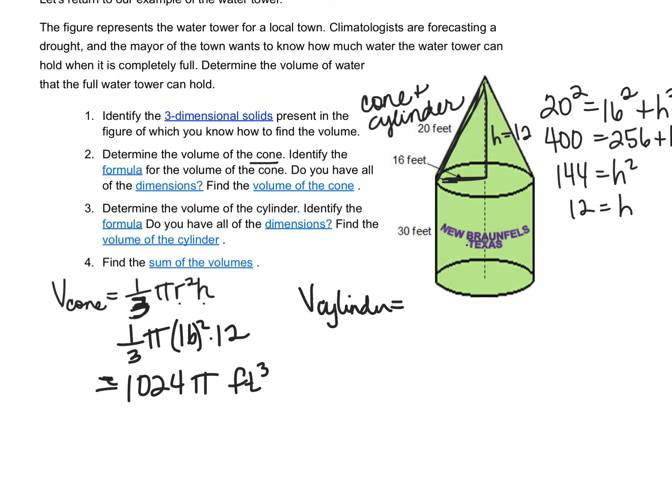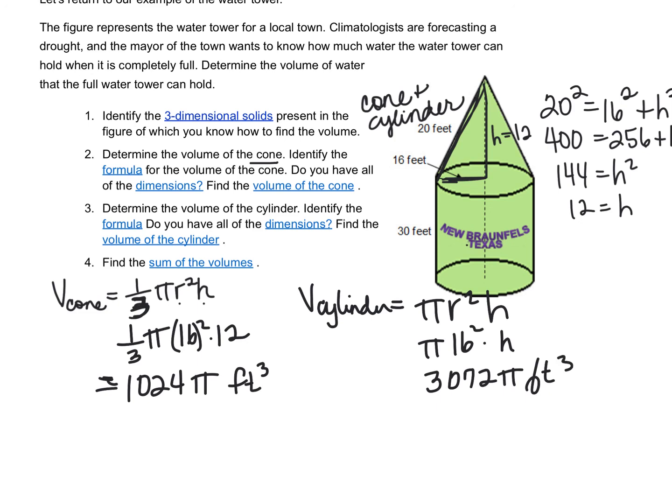Okay. Now we're going to find the volume of our cylinder. And that formula is pi r squared h. So we already know that our r squared is going to be 16 squared, and our height is 12, and that's 3,072 pi feet cubed.